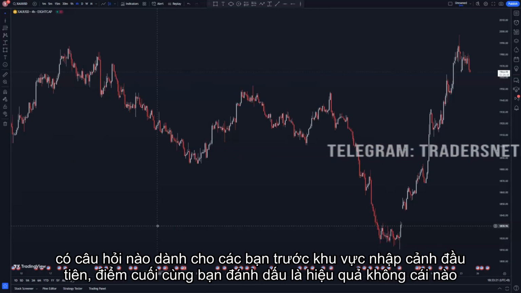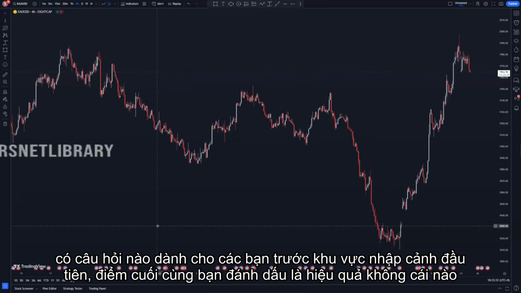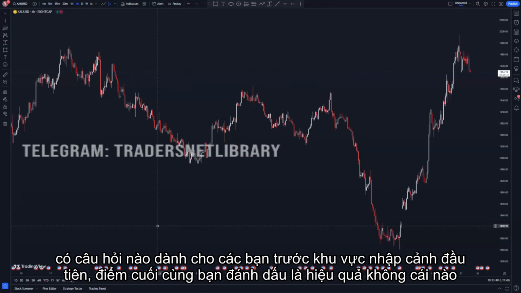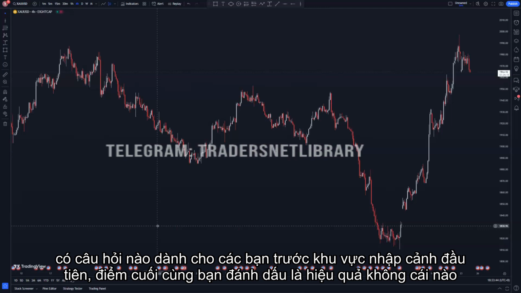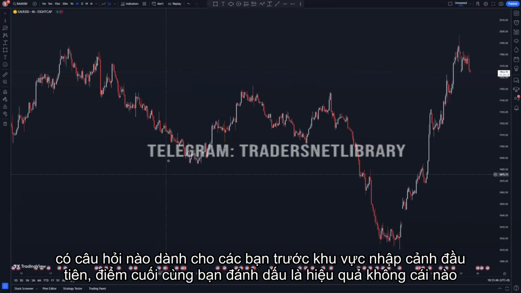Is there any question for now, guys? I'm looking for the first entry zone. The last you marked was an EF, no?